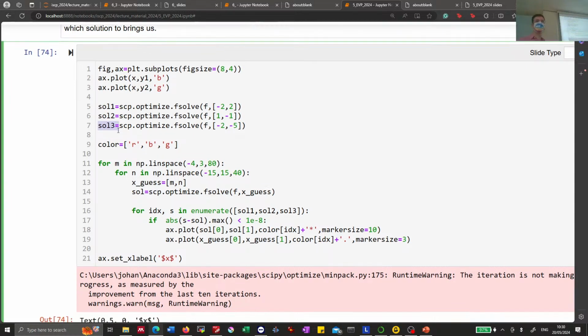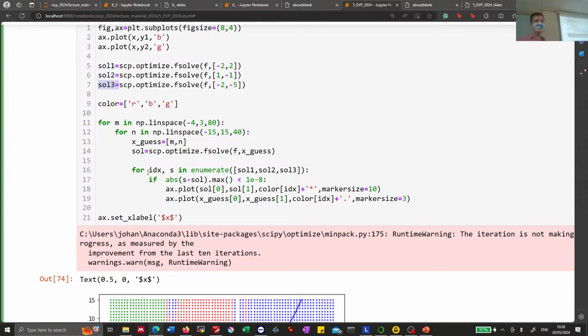So far, so good. Then I measure the distance in this third for loop, for my solution in solution 1, 2, 3. What is the distance between S and my solution from line 14? I take the absolute difference and the maximum.